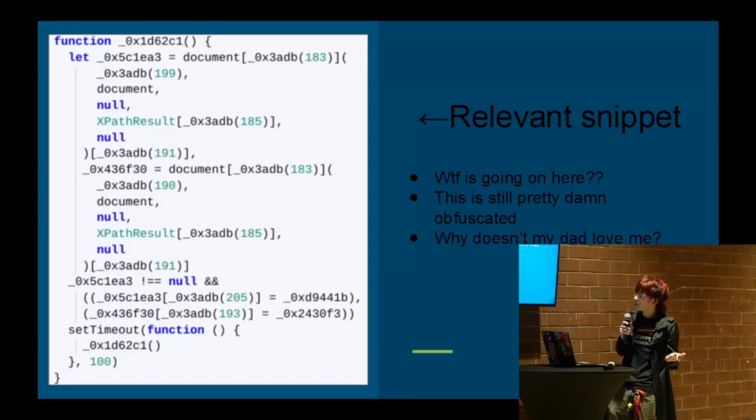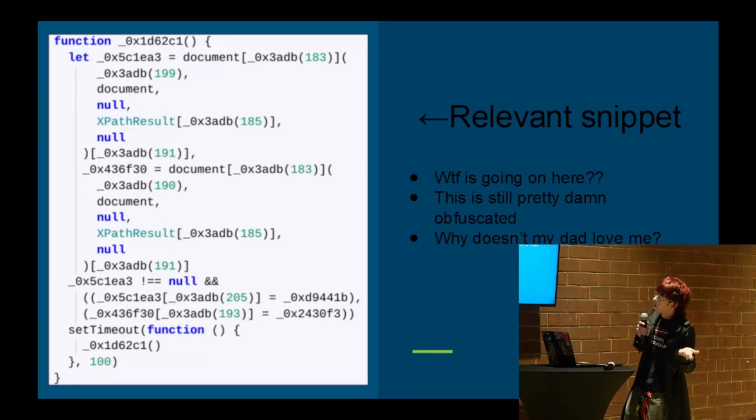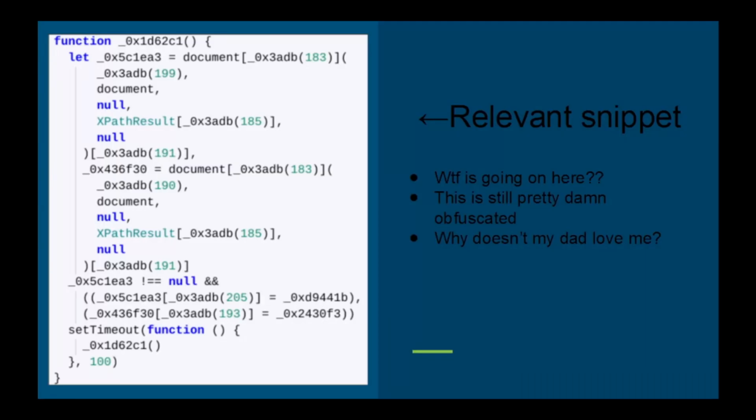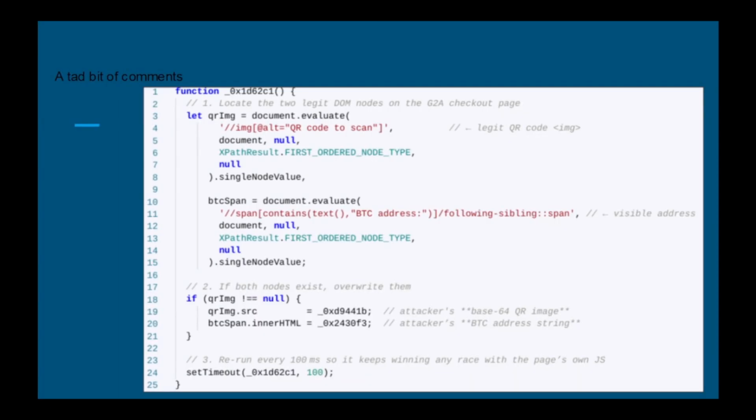But let's look at the snippet itself that does all this. How do we actually get a fake QR code on top of the real one? This is the function, and as you can see, it's very ununderstandable. So let's break it down with the help of a very good friend, Sir ChatGPT, which went ahead and commented up all of our stuff right here. I'm not taking any credit for it, but real quick explanation.